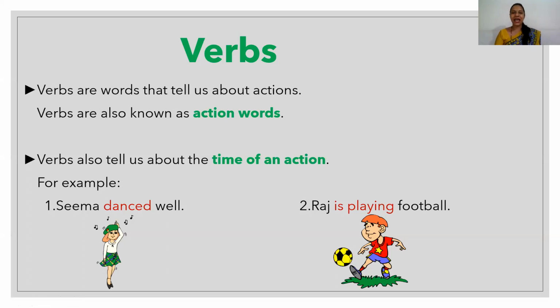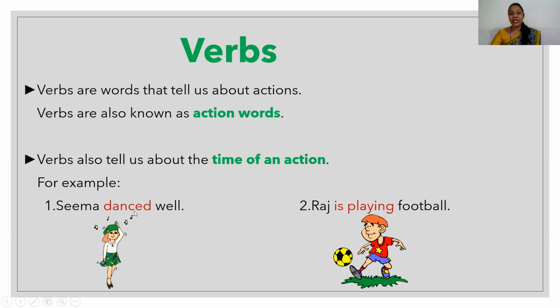Let us understand it better with the help of a few examples. For example, Seema danced well. Now, what action did Seema do? Danced. Yes? So here, danced is the verb.